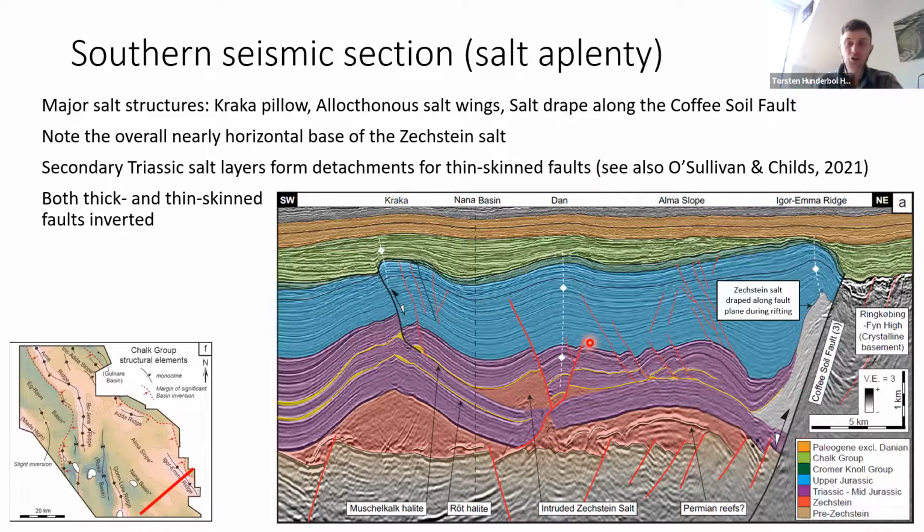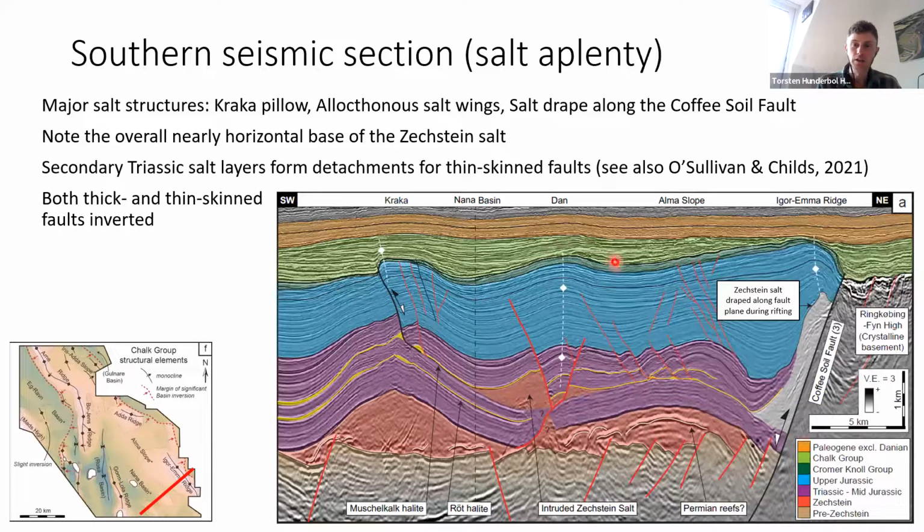Yeah, I don't have a good answer to that, but you might assume that the lamination took place during certain tectonic phases where we saw abundant rifting or also inversion.